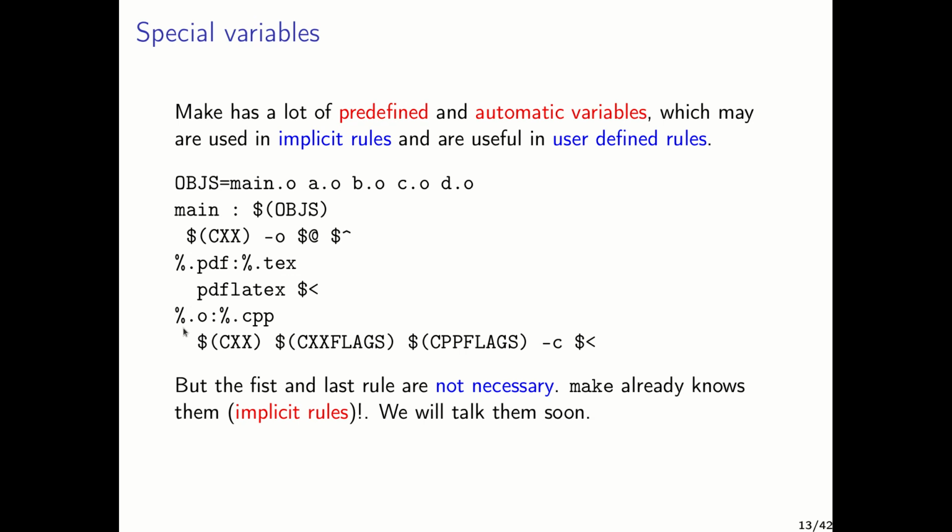This instead says that all the .o depend on .cpp, and to generate the object file from the source file, you have to run these commands. And again, you have here the prerequisites. So we will see that these two last rules are not necessary because Make already knows them, and that simplifies life a lot.